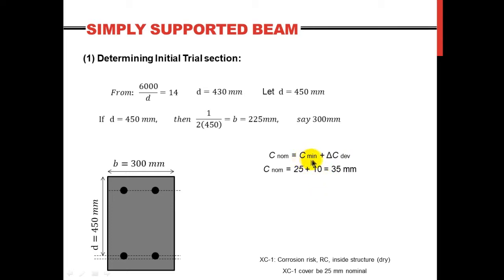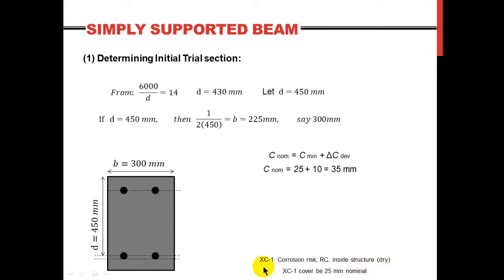The C minimum, that depends. So what kind of exposure class? I'm assuming my beam to be XC1, so exposure class 1, that is a corrosion risk. I'm having a corrosion risk, and my structure is inside, so it is under dry condition.